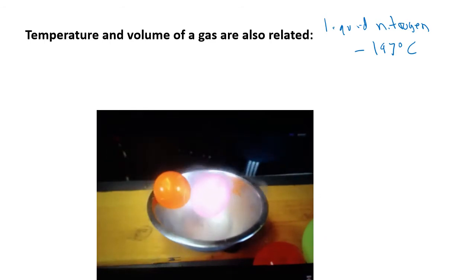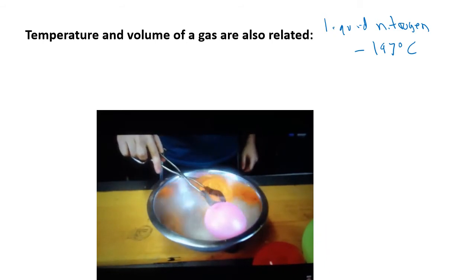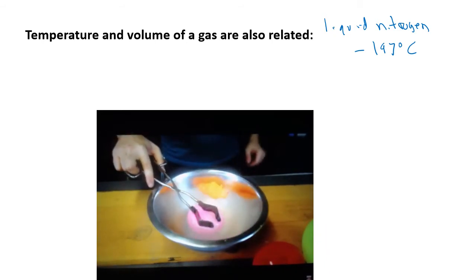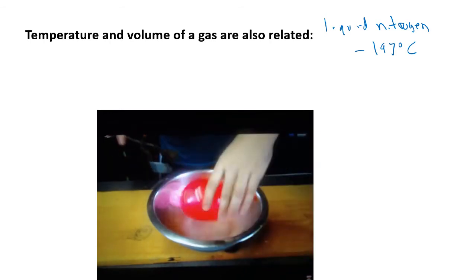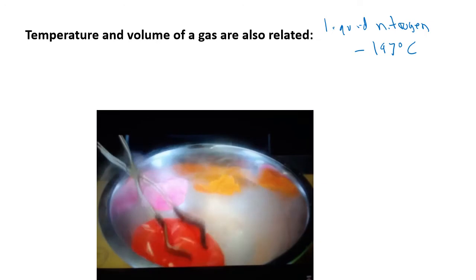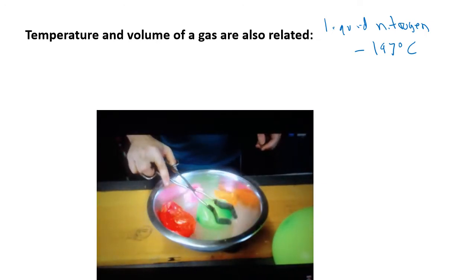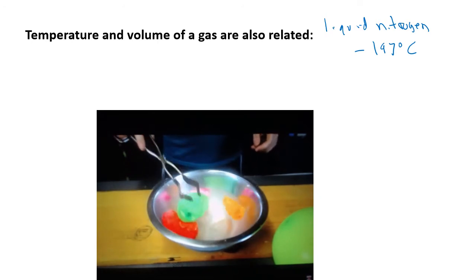At first, it's a little hard to see what's happening because you have to get them submerged to see anything. They push them down, and when they push them down, you can see the balloons are in something super cold. They get smaller.